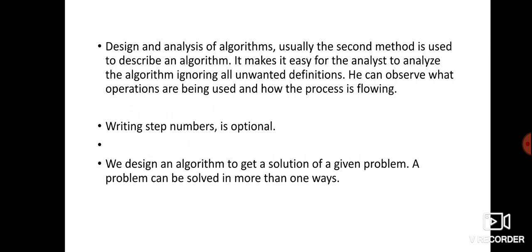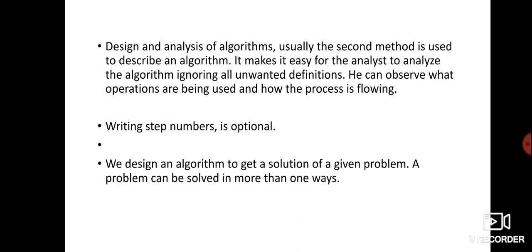Design and analysis of algorithm. Usually, the second method is used to describe an algorithm. It makes it easy for the analyst to analyze the algorithm, ignoring all unwanted definitions. We can observe what operations are being used and how the process is flowing. Writing step numbers is optional.